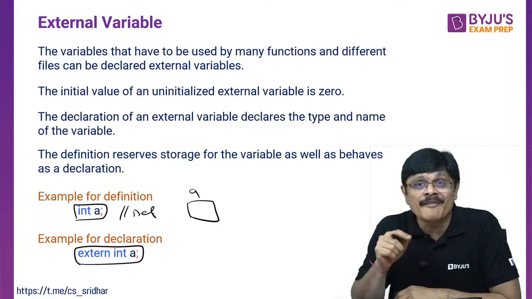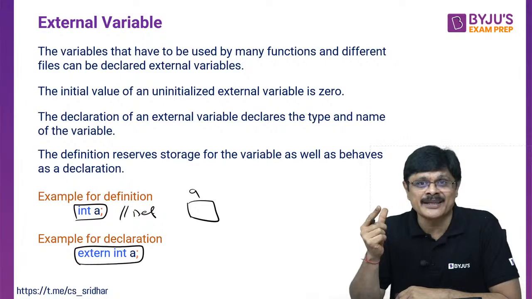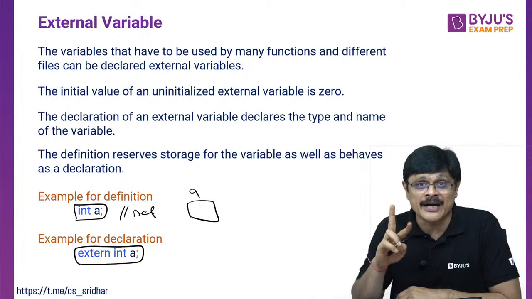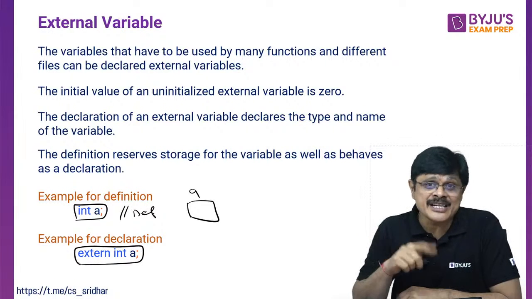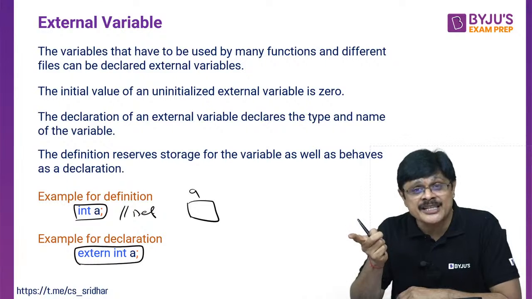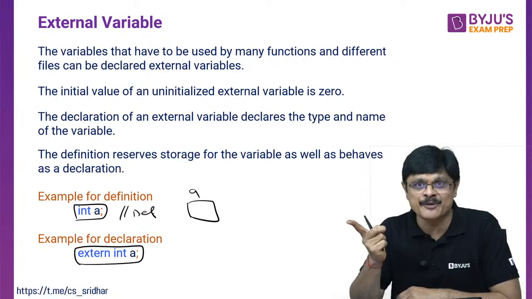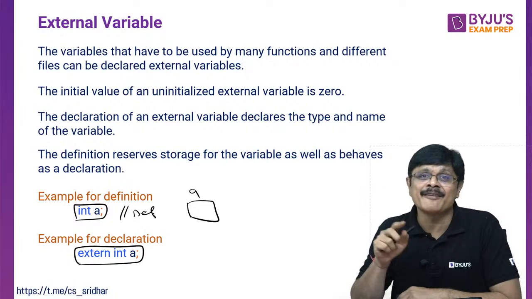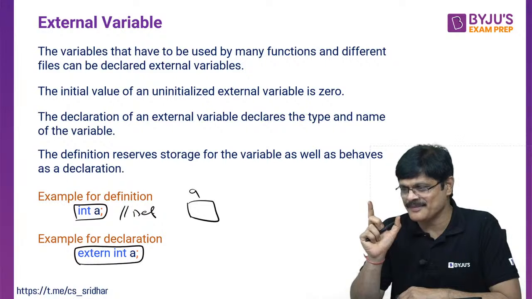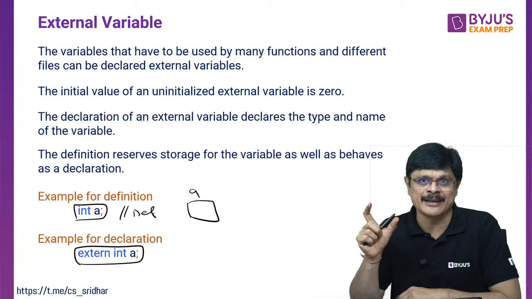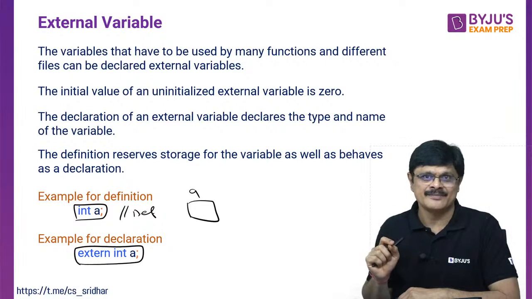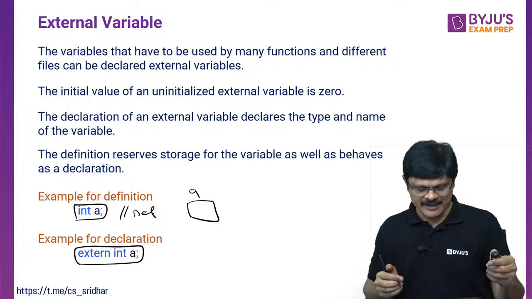For these global variables, memory is not created on the runtime stack. That is created in the data segment. In the data segment, I told you two parts: one is the initialized data segment, the other is the uninitialized data segment, the BSS segment. So there these variables will be stored, not on the runtime stack, my dear friends.